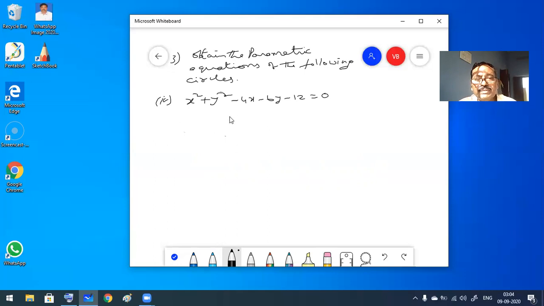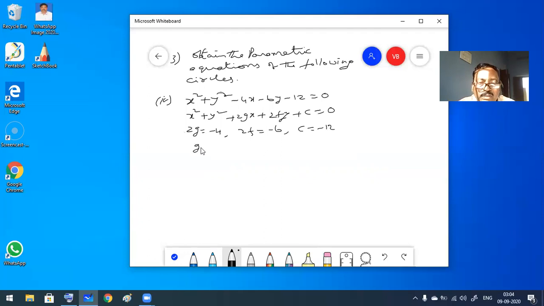So we can find the center (minus g, minus f) and the radius also for this equation. Comparing with the general equation x square plus y square plus 2gx plus 2fy plus c is equal to 0, 2g is equal to minus 4, 2f is equal to minus 6, and c is equal to minus 12.